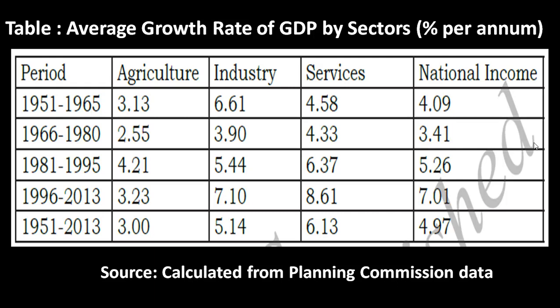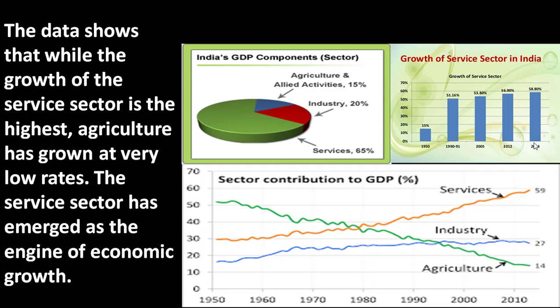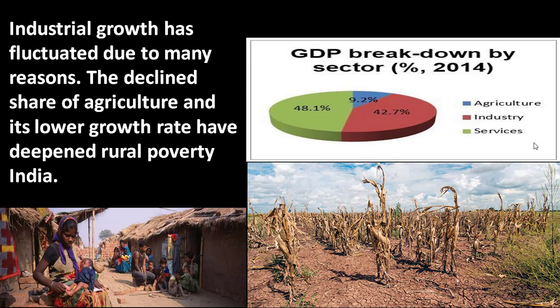Growth rate of GDP by all the sectors we can calculate. The data shows that while the growth of the service sector is the highest, agriculture has grown at very low rates. The service sector has emerged as the engine of economic growth, whereas industrial growth has fluctuated due to many reasons.